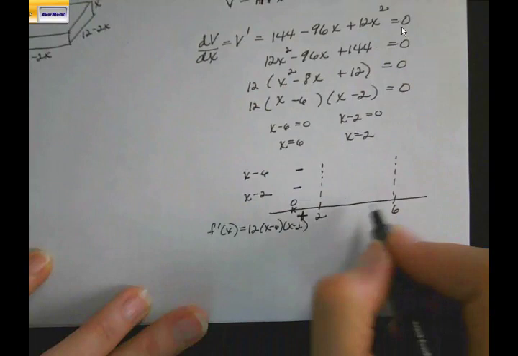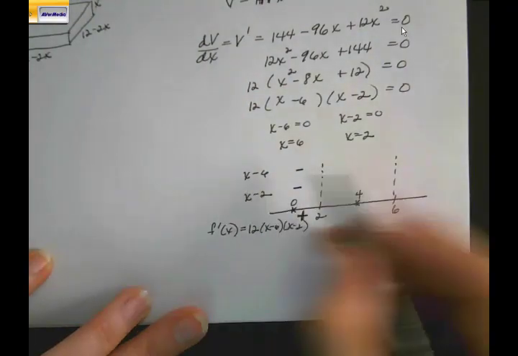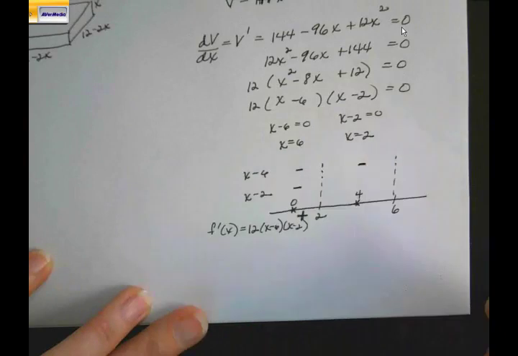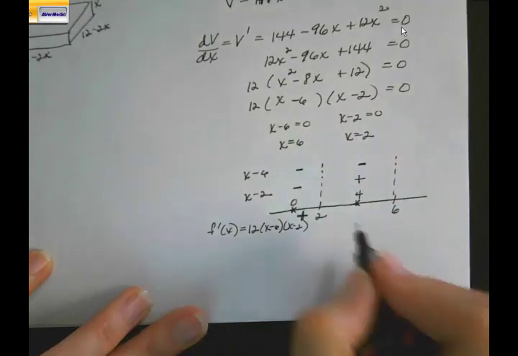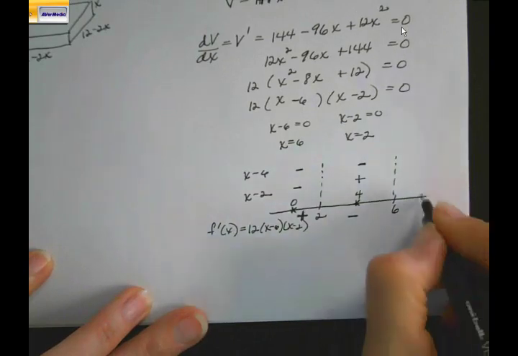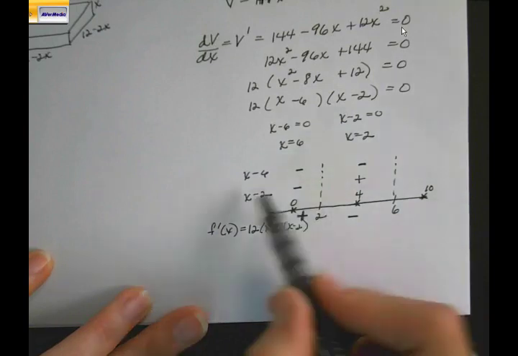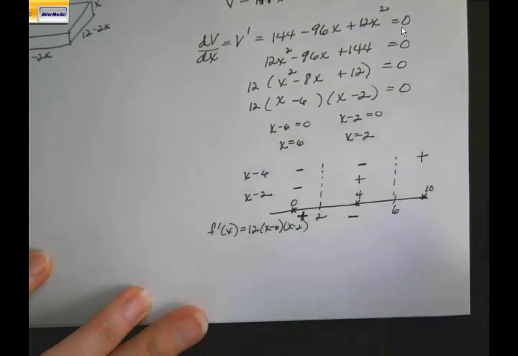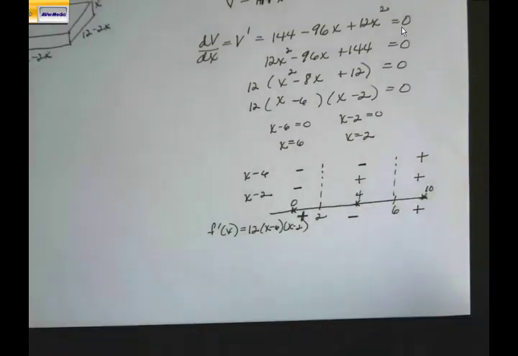Then if I pick a number between 2 and 6, suppose I pick 4, 4 minus 6 is negative 2, which is a negative. 4 minus 2 is a positive 2, which is a positive, and their product would be negative. Then if I pick a test point to the right of 6, say 10, then 10 minus 6 is a positive 4, and 10 minus 2 is a positive 8, and their product is positive.